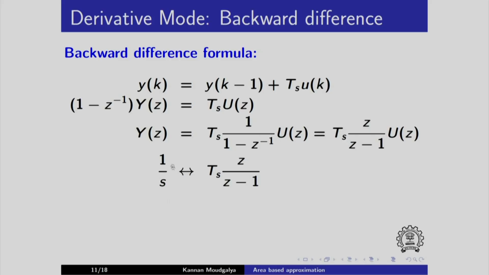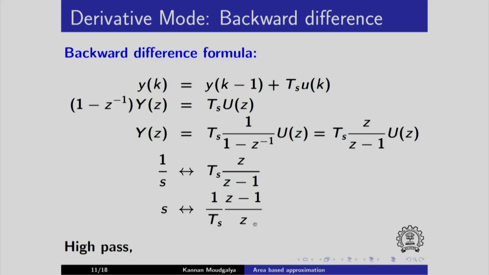Here is the Laplace domain transfer function 1 over s for integration. This is the backward difference approximation for integration. So the reciprocal of this is 1 over Ts into z minus 1 by z.